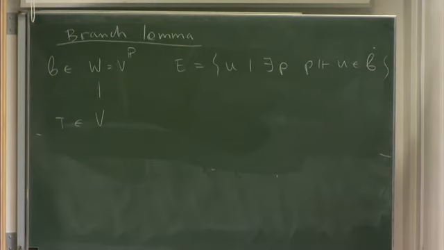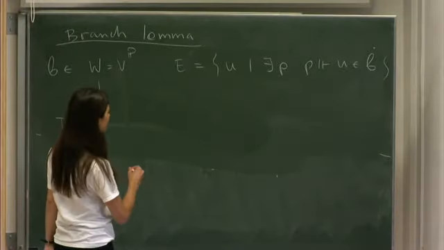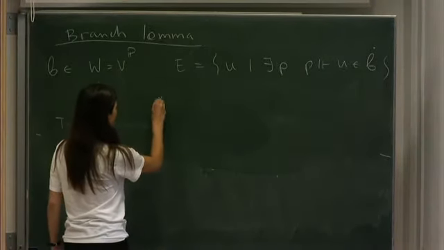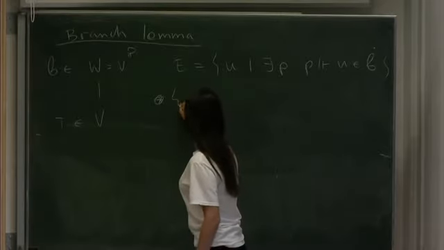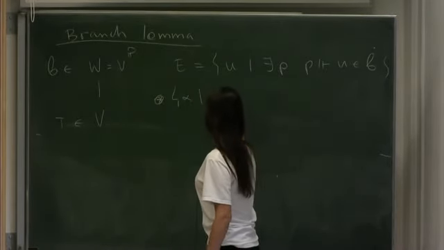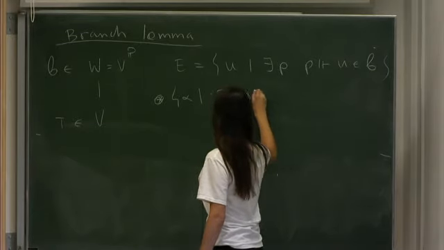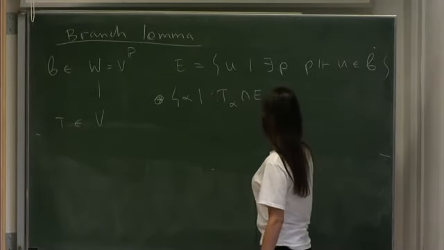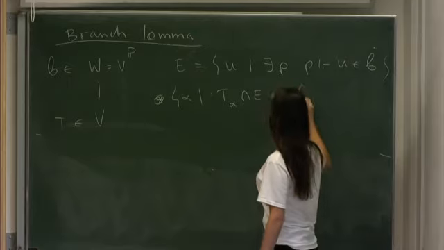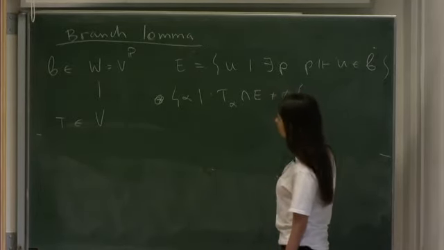And if B is new, that means that there is splitting among the nodes in E. First, let me write the fact: the set of alpha such that T alpha intersection E is non-empty is not just unbounded.